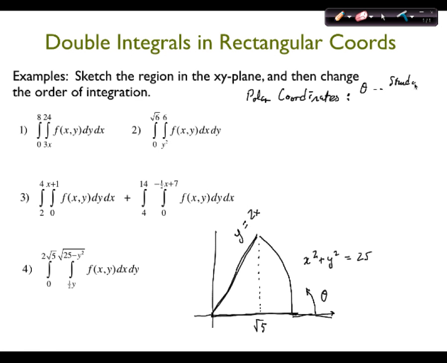And then what's the other variable for polar coordinates? R, right? Which is distance from the pole, which coincides with the origin in rectangular coordinates.